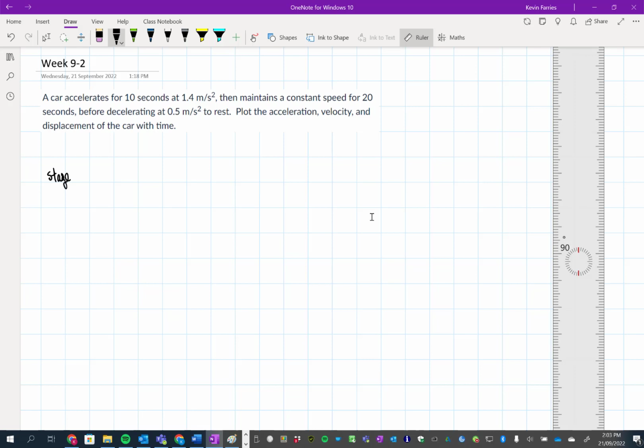So stage 1. So we've got acceleration is equal to 1.4 meters per second squared. Then we've got velocity at time t. All of these are at time t. So acceleration at time t is just equal to 1.4 meters per second squared for this stage 1.